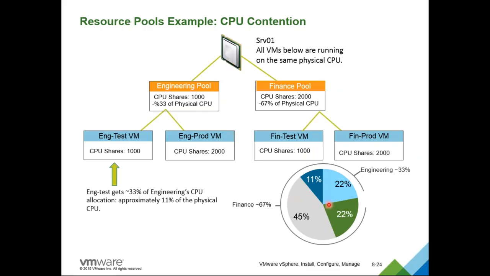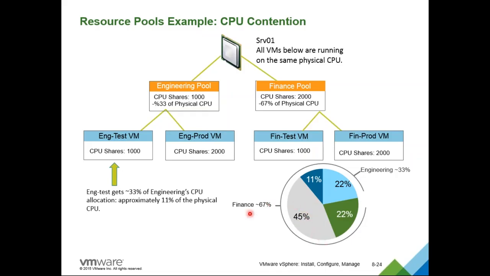Out of this CPU resource, finance is allocated 67% of resource. In that, actual usage is 45% only. Whenever it's required and it crosses 45, then whatever free shares are here will be consumed here.